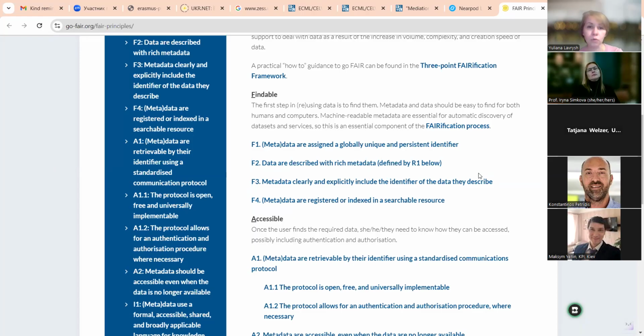When you want to upload something to an open repository, you have to answer these questions. What was your institution? What people, for example citizens, were involved in your research? Maybe some tools or software.